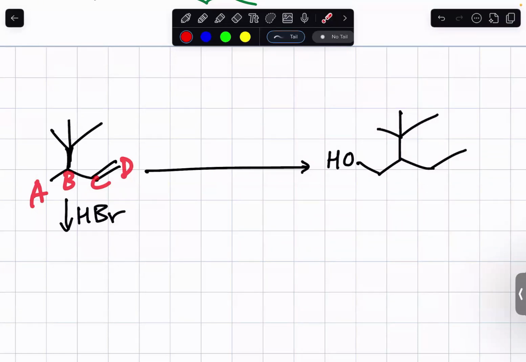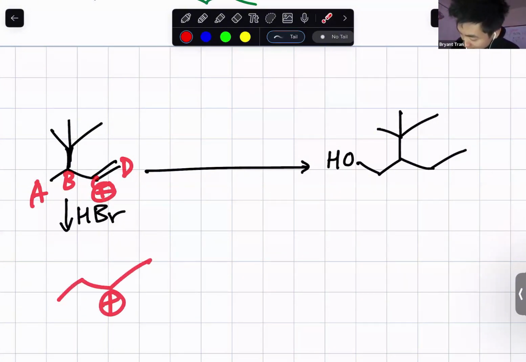I think C carbon. So the carbocation will be formed at carbon C, but let's say we have that carbocation right there, what do we have to do once we have this carbocation intermediate right here? What step do we look out for?